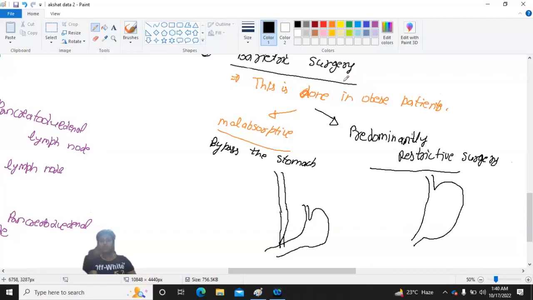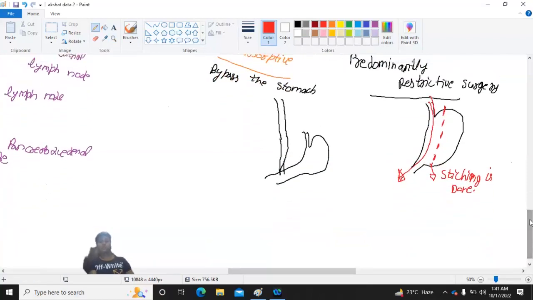We stitch the stomach like this. Stitching is done. So food does not go into this big region, food comes and passes directly like this. This region is stitched. So this is the stomach.